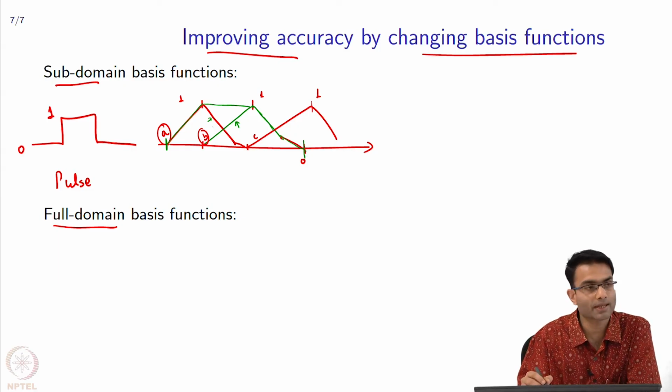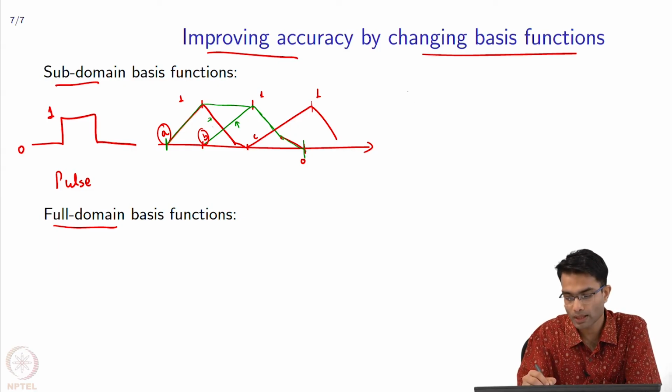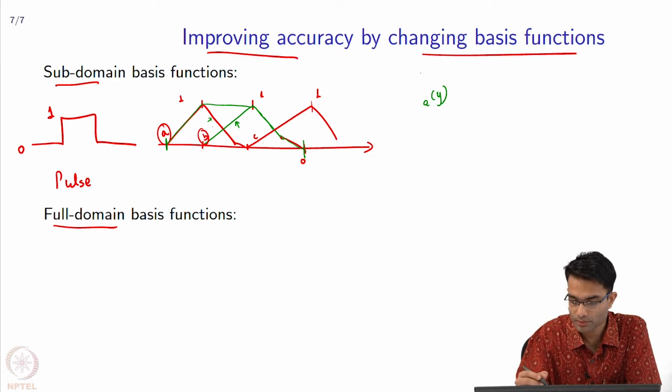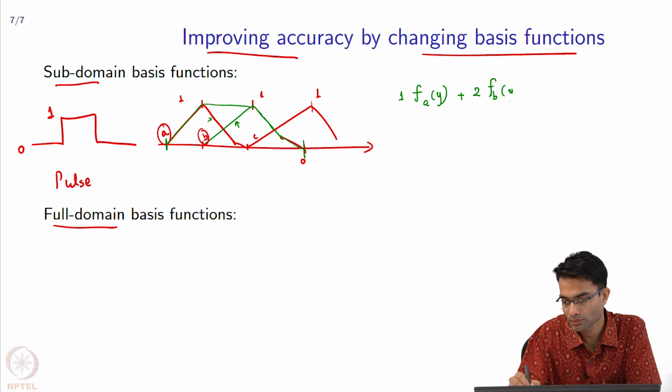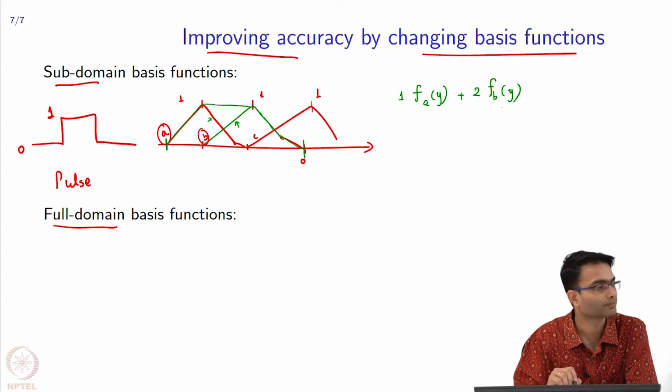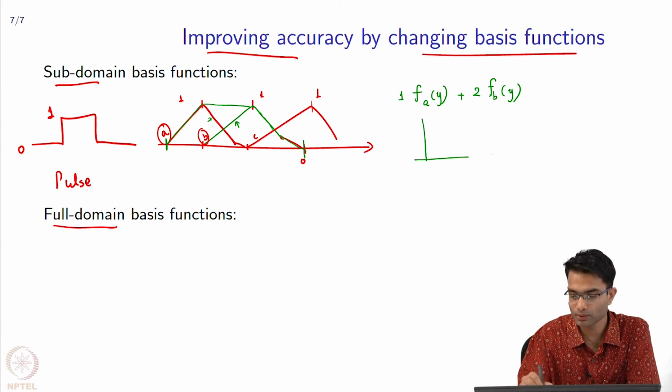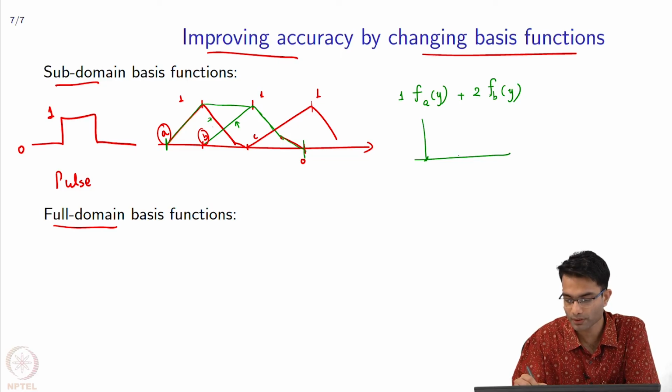I can extend this idea. Supposing now I take basis function A as a function of y, let us give it some value 1, and 2 times the basis function B. How will this look?